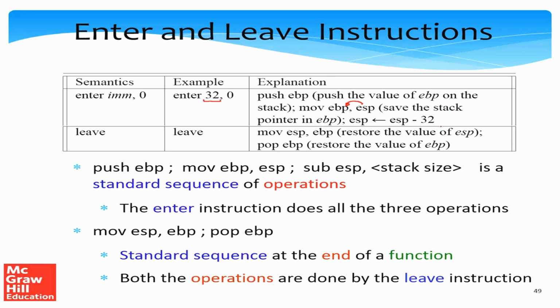So this is like a 3-in-1 kind of instruction. Basically this is what it does: push EBP, move ESP to EBP, and subtract the stack size from ESP. It's a standard sequence of operations. So instead of having 3 instructions for it, the enter instruction will actually do all 3.